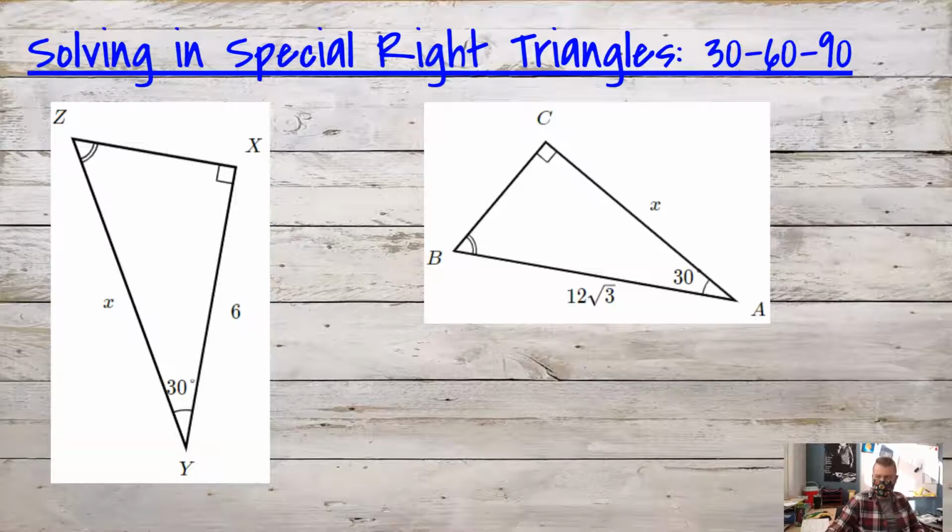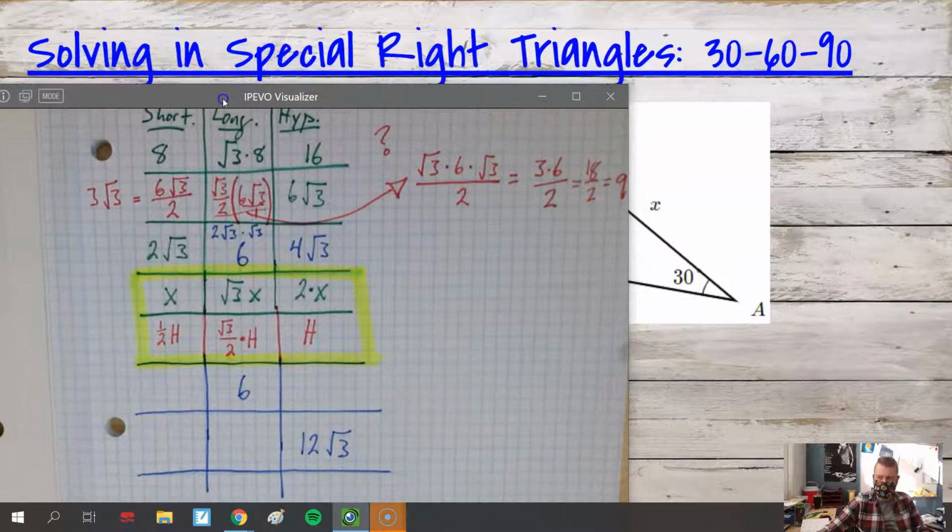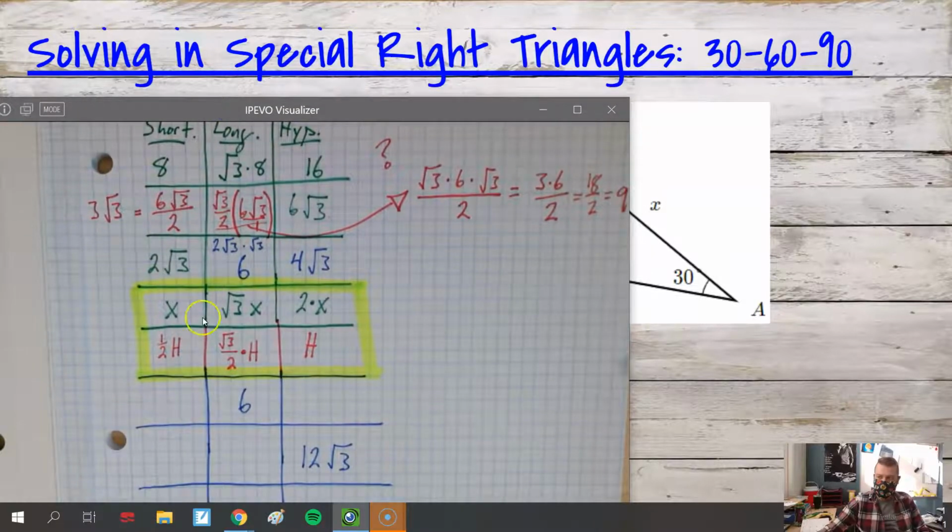We don't have a cheat sheet for when they give us the long leg. Can we make our own version of the cheat sheet for when they give us the long leg? Because what they gave us up here was when given the short leg or when given the hypotenuse. But what if I make this the thing I start with?